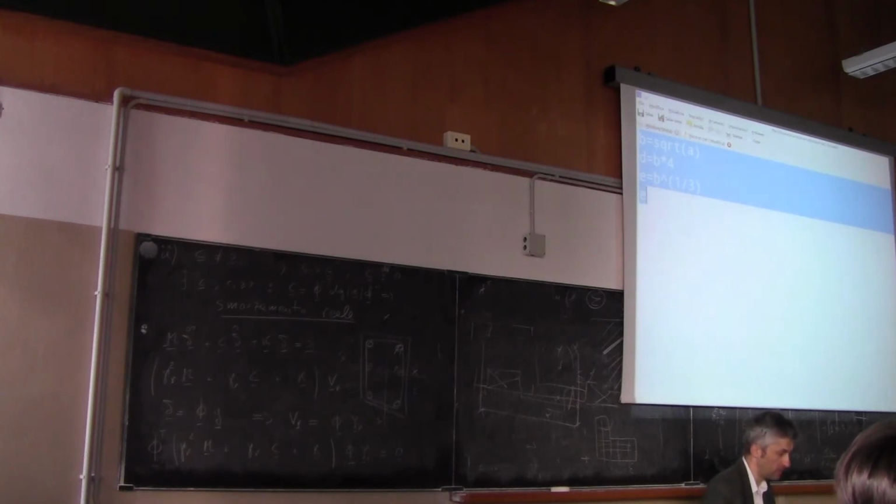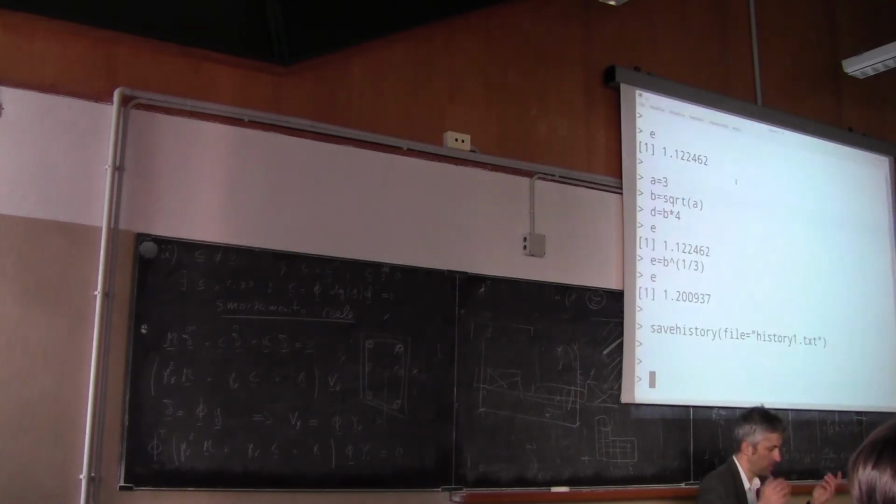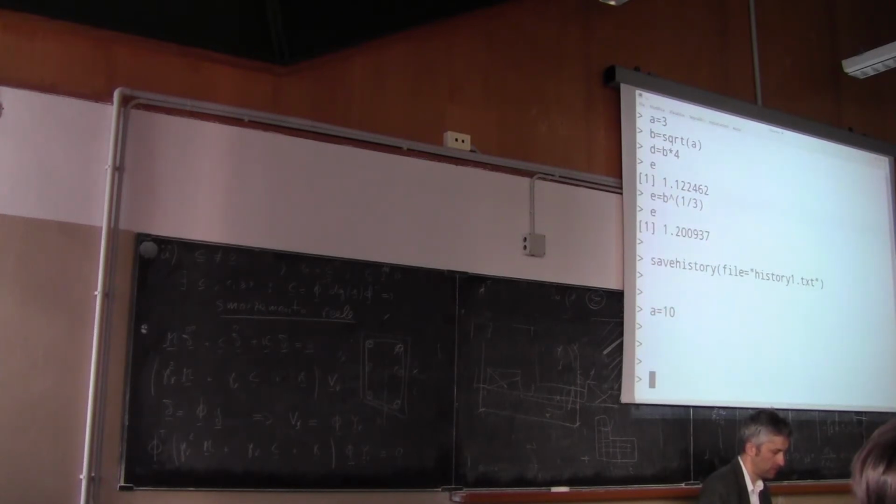I can select everything, and then I can copy. After selection, copy. Then I can go back to R and say, okay, A equal 10, and then I can paste.